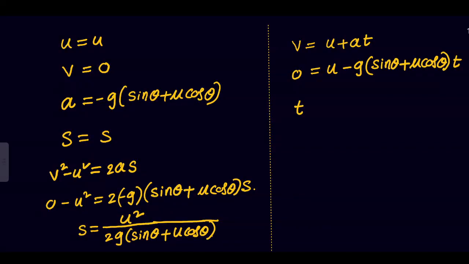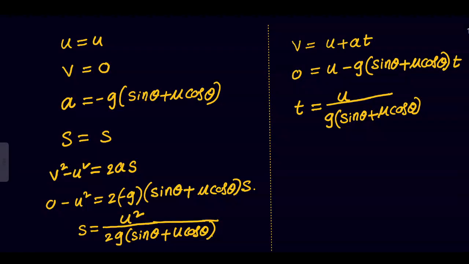Now simplify to get the value of t. t will be u by g into sin theta plus mu cos theta. These are the results if the body is moving up the plane.